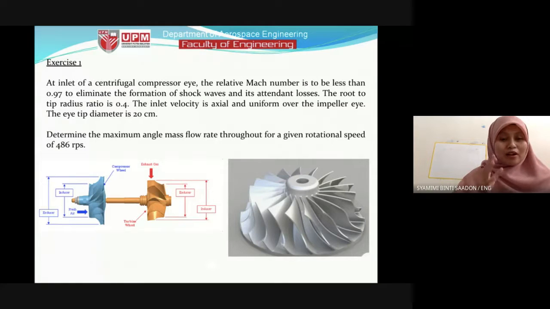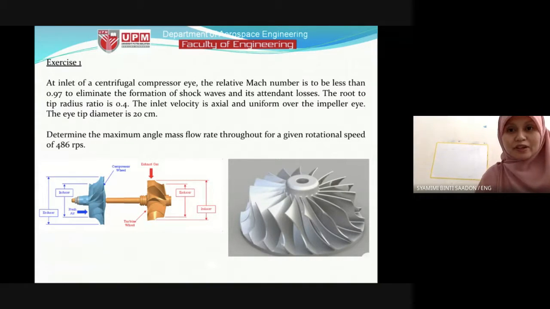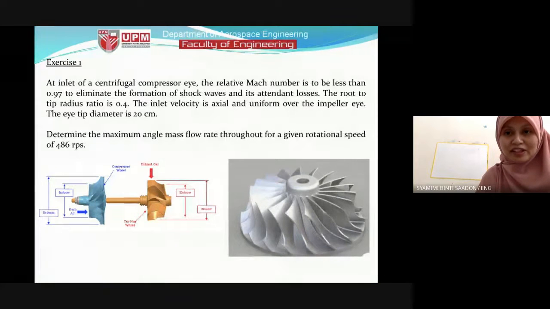Absolute plus rotational gives us the relative velocity. Relative velocity is the one that we measure and see. Actually what we measure is the relative velocity of the fluid, which depends on the rotational speed of the blade. Before we start the tutorial, I'm going to sketch the velocity triangle a bit, so that hopefully you understand.